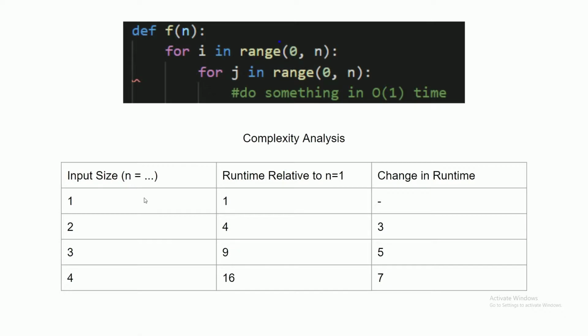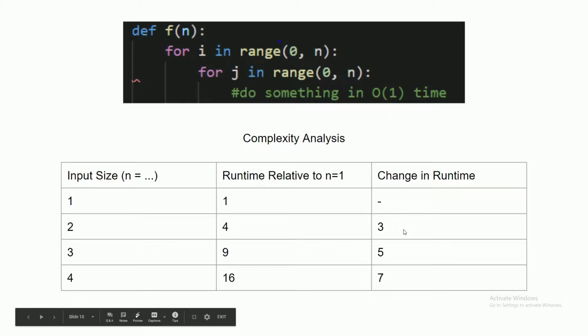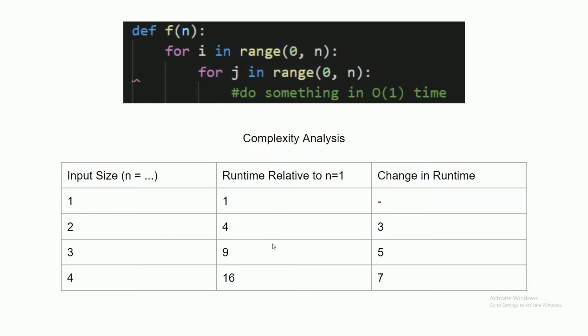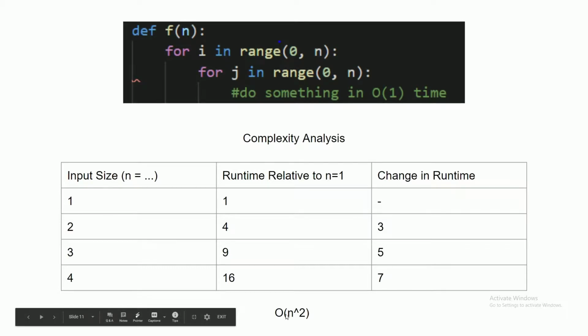And so that means that the runtime increases at a faster rate than the input size increases, and it increases progressively at a faster and faster rate, which we can see in the third column here, as the change in runtime is progressively increasing as well. So because of this, we can say that the complexity of this function is big O of n squared, because our runtime is no longer scaling directly with our input size.